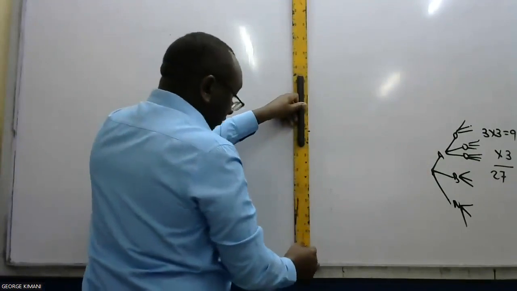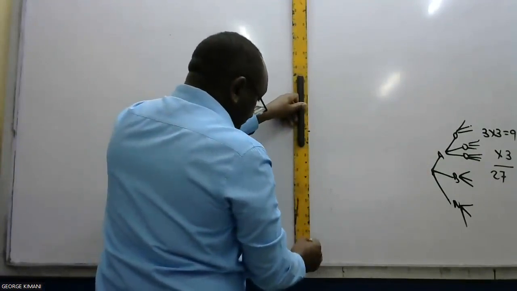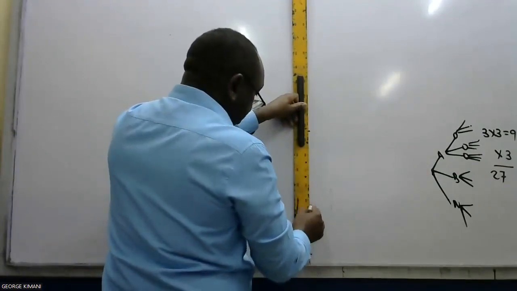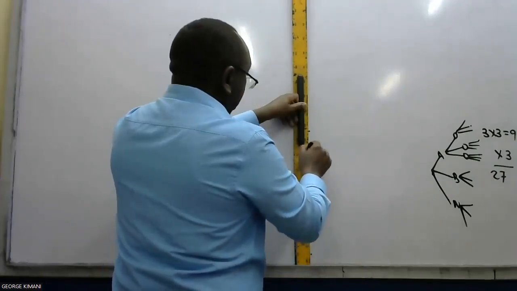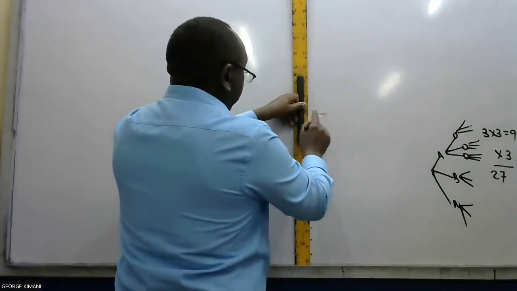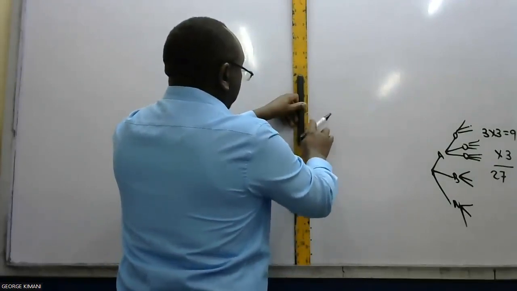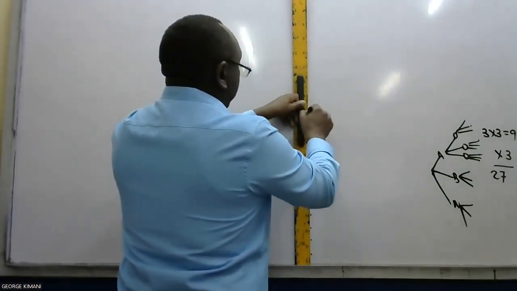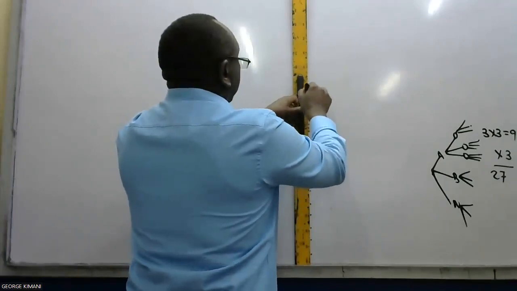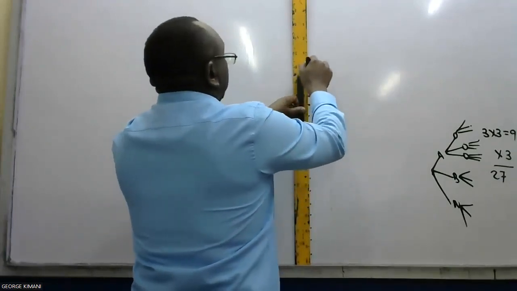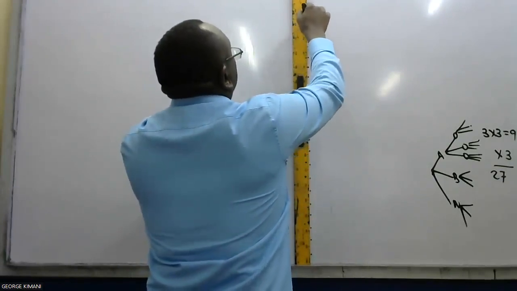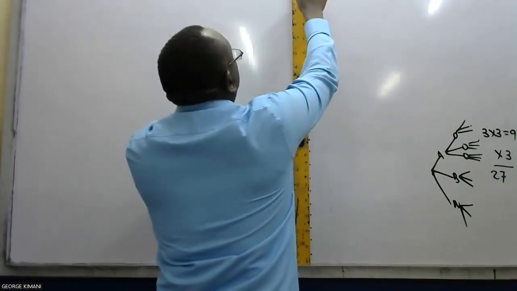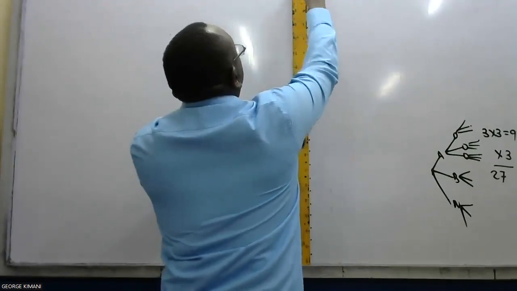So draw 27. So 1, 2, 3, 4, 5, 6, 7, 8, 9, 10, 11, 12, 13, 14, 15, 16, 17, 18, 19, 20, 21, 22, 23, 24, 25, 26, 27.